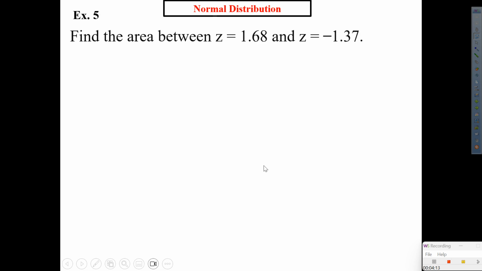Example Q. Write the following as a probability and find the area to the left of z equals 2.03.